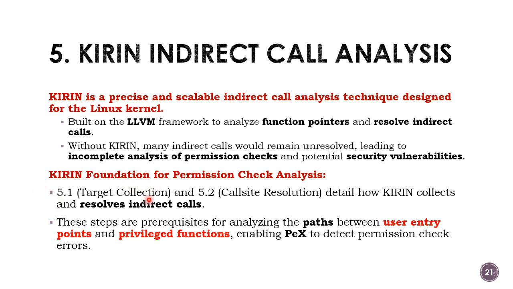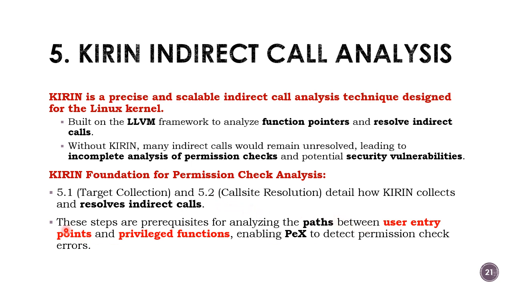It has mainly two parts to conduct. The first one is target collection for the target wrapper and indirect calls, and also finding the call site of the indirect call. With these two steps, we can find where the indirect calls are. Upon this foundation, we will be able to refine and make the path clearer.